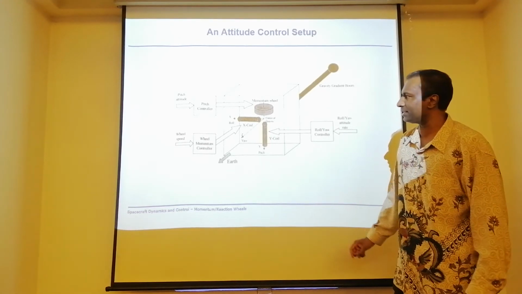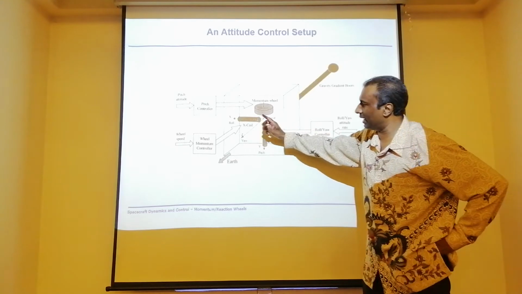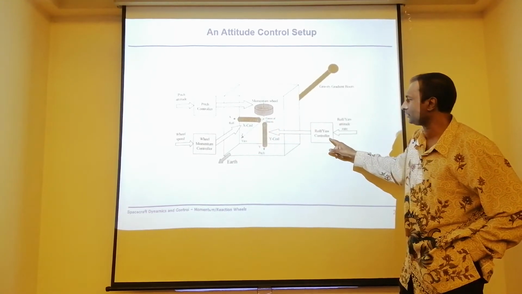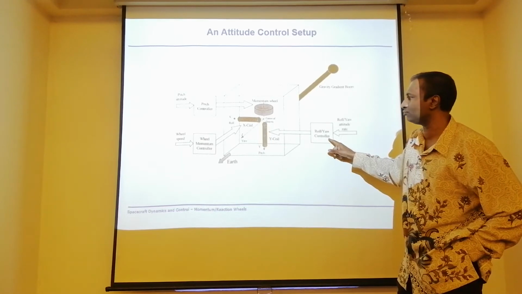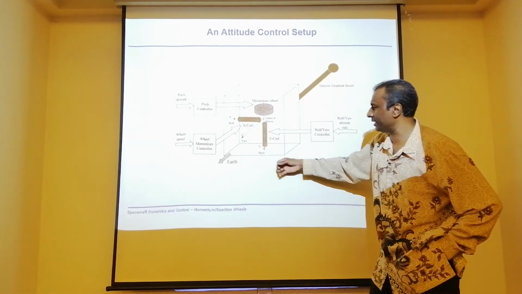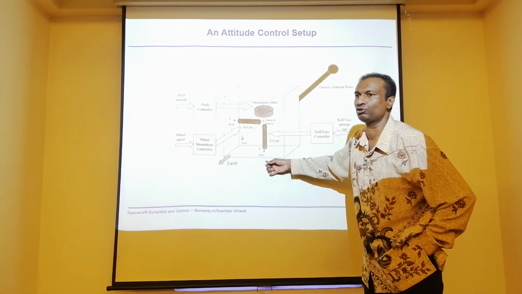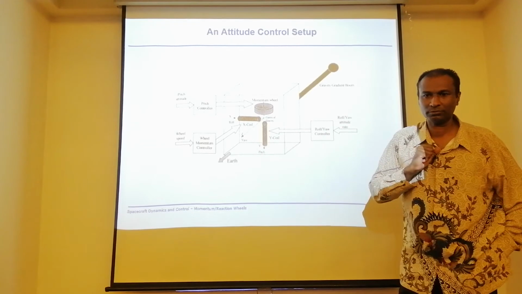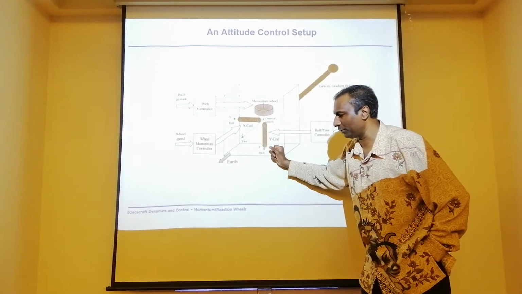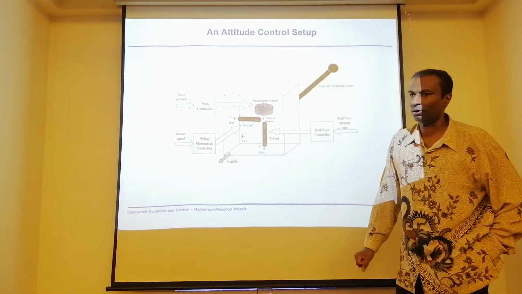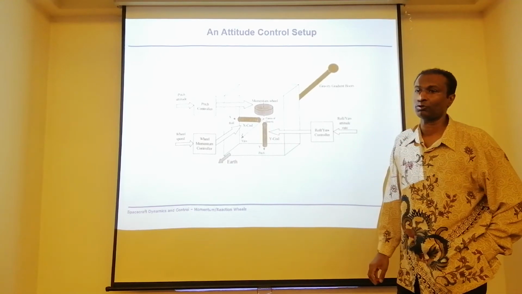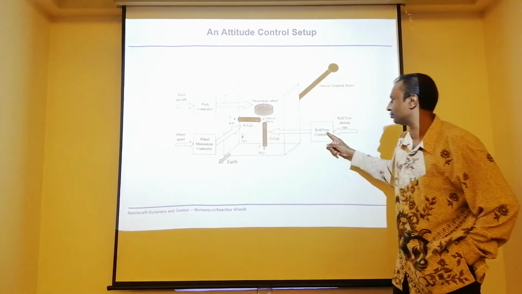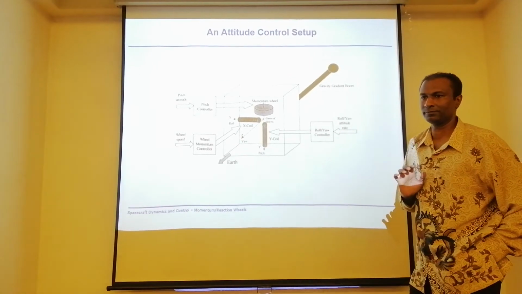Now I must control my pitch, roll and yaw. So what I do, I install magnetic torquers. We have learned that you install pitch torquers, and you will have yaw and roll control. Yaw and roll control, done.